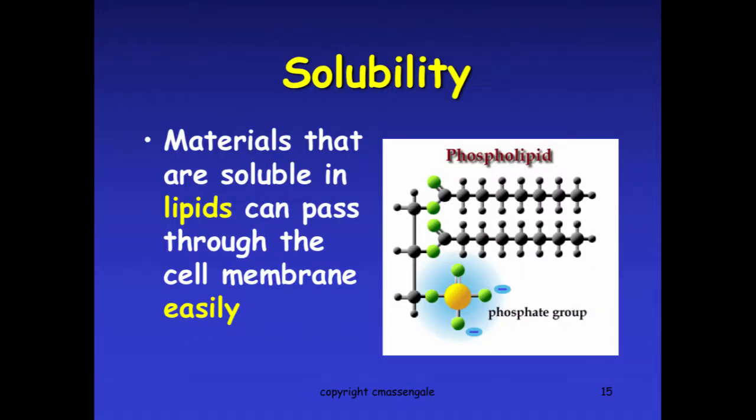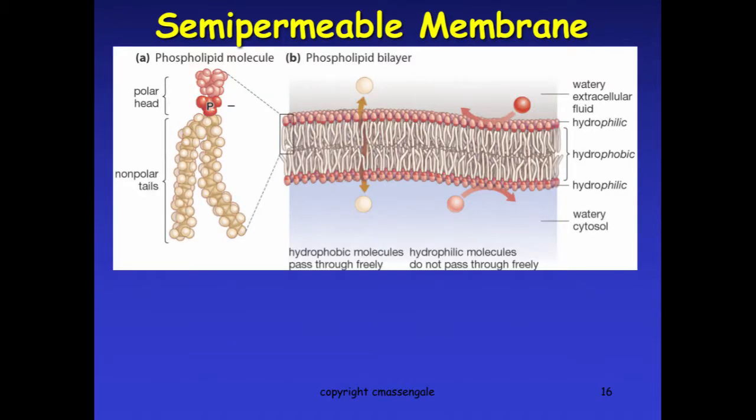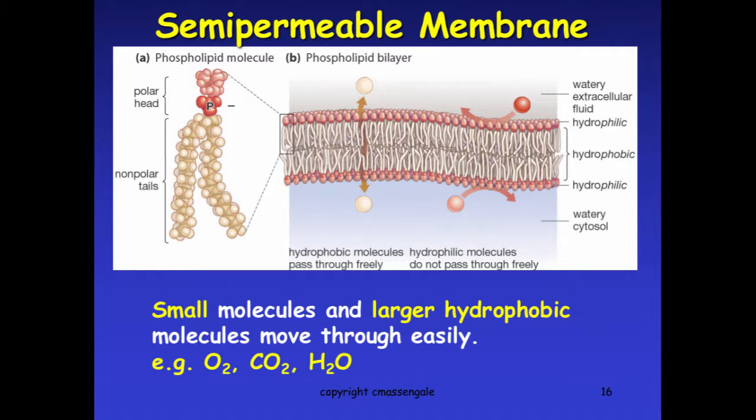So let's talk about solubility. Materials that are soluble, which means they can be broken down and apart into their components, things that are soluble in lipids can pass through the cell membrane easily. Small molecules and larger hydrophobic molecules move through it easily, such as oxygen, carbon dioxide, and water.